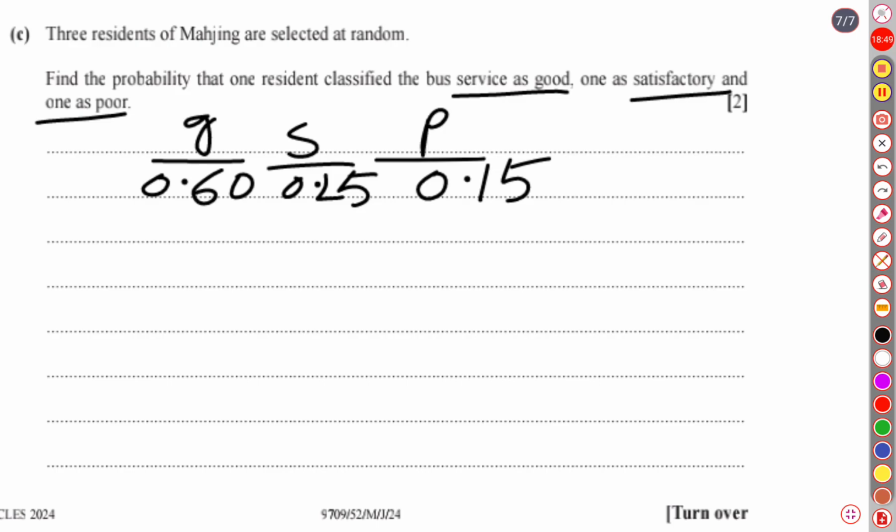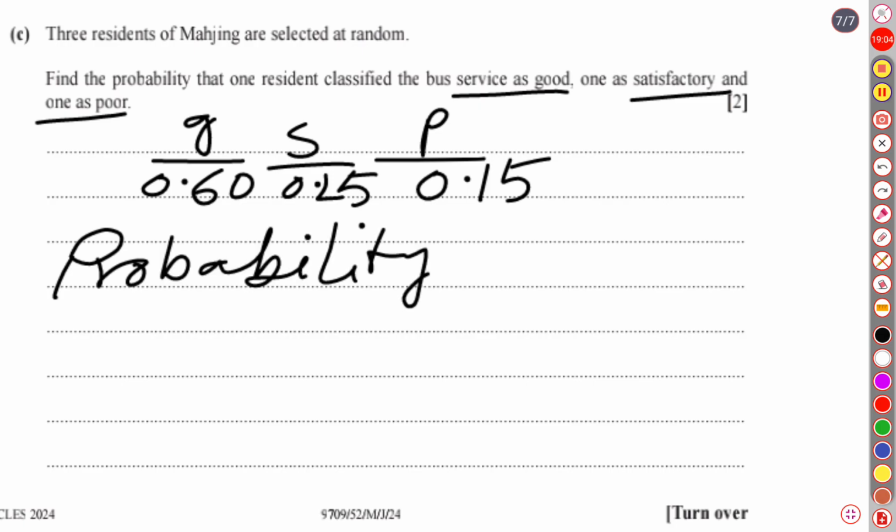Now, as there are three persons, the probability is equal to 0.6 into 0.25 into 0.15.